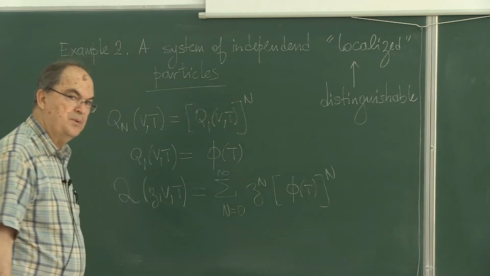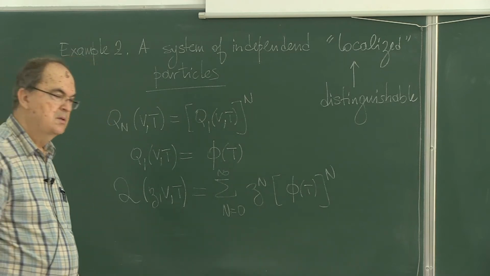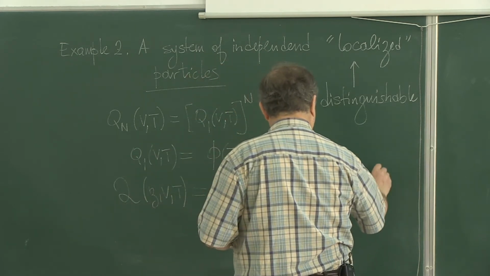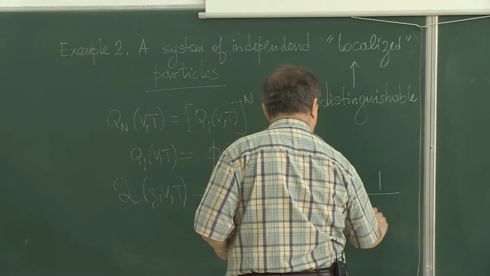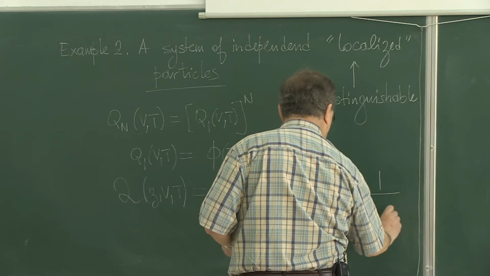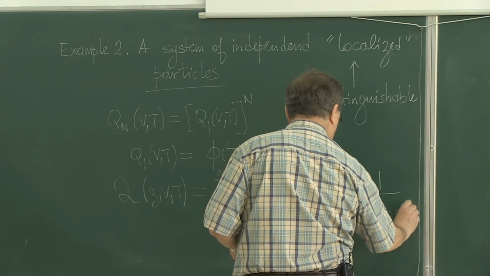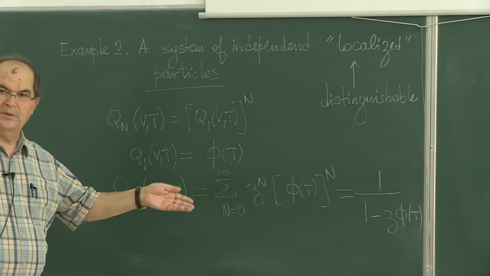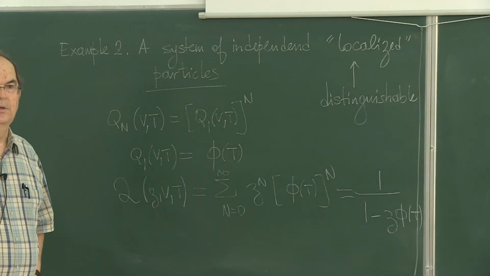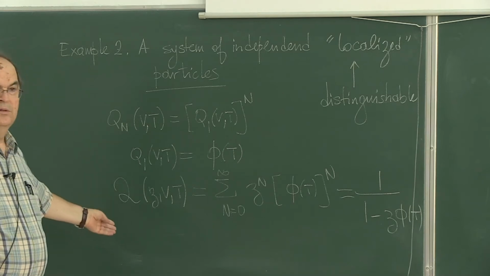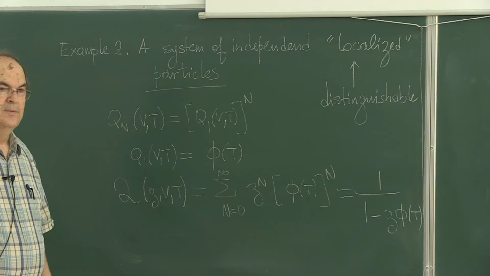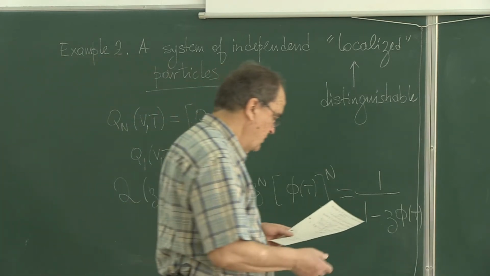So it is a simple power series, and the result is 1 over 1 minus x, which is z times phi of T. So if you know the single particle canonical partition function, you have the grand canonical partition function.